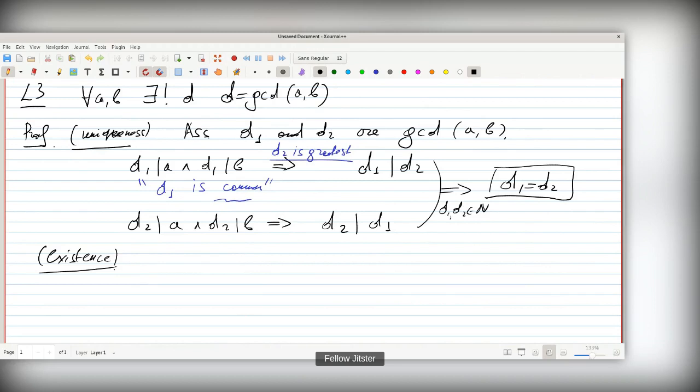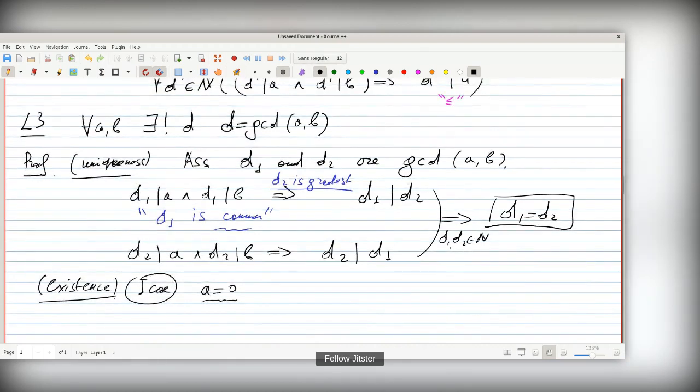The existence claim is slightly harder. First of all, let us consider some cases. The first case is when A equals 0. If A equals 0, we know that B divides A and B divides B. So our first idea is to take B as the greatest common divisor.